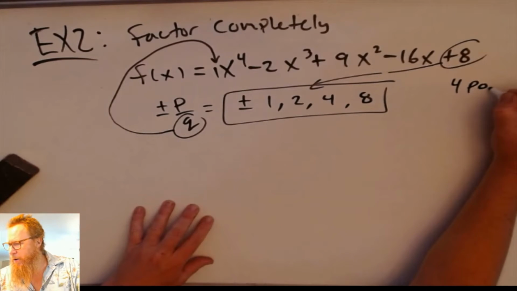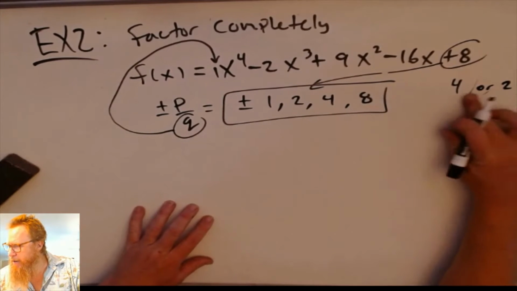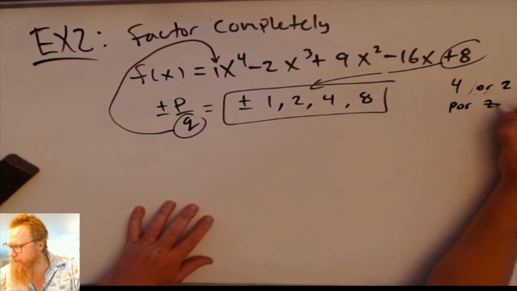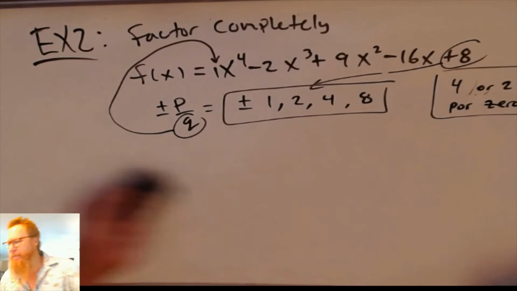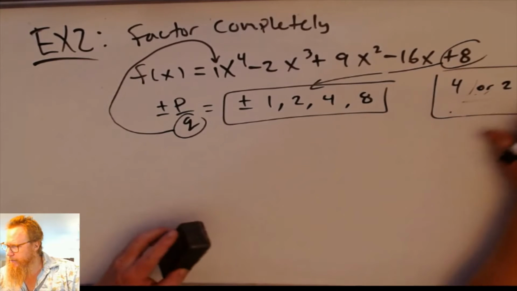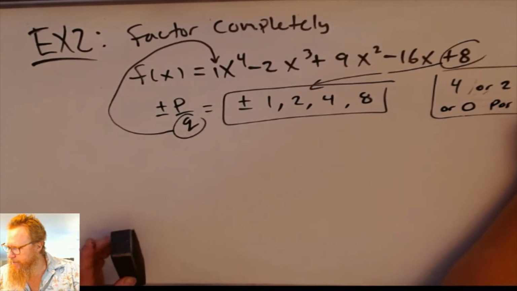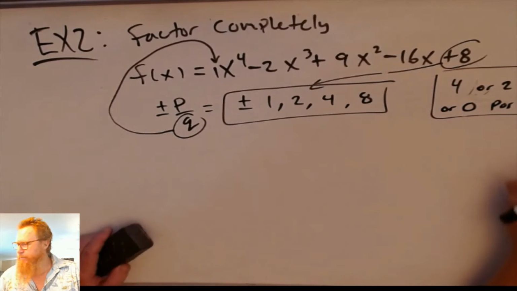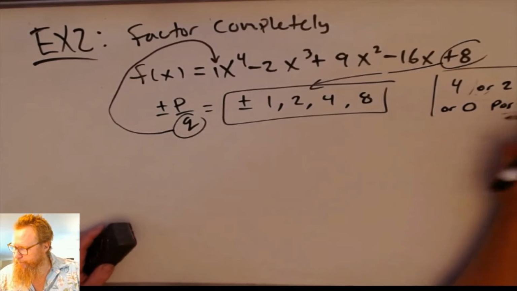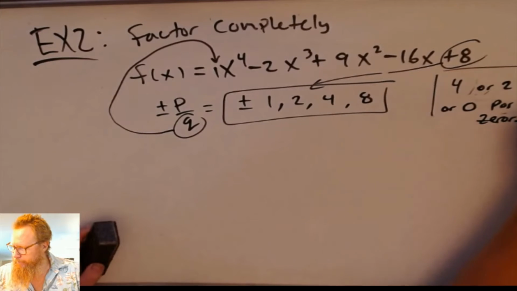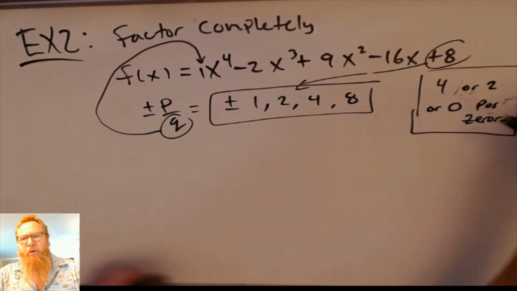So 4 or 2 or none positive zeros. So 4 or 2 or none.